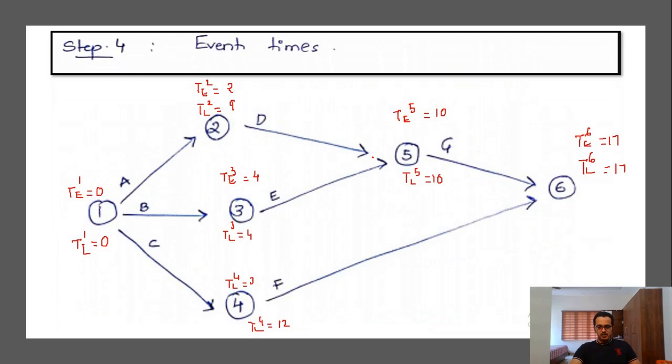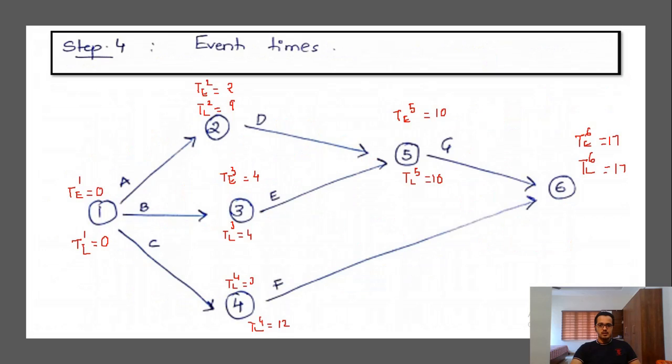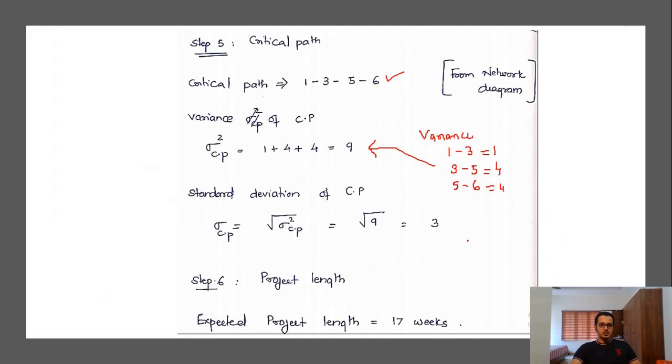The variance values were already calculated here, right? So you just take the values from here. So you got the variance as 9, and from that value you can calculate the standard deviation as 3. Just take the square root of 9 and you get 3.